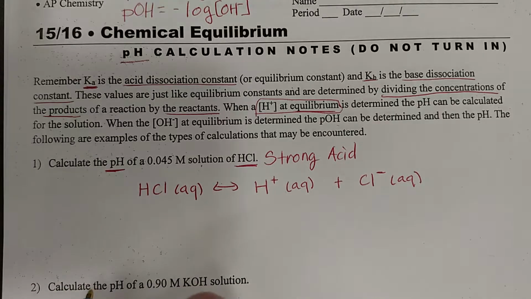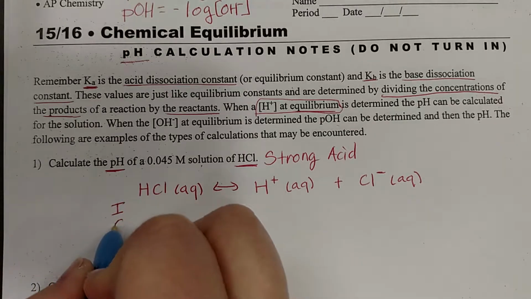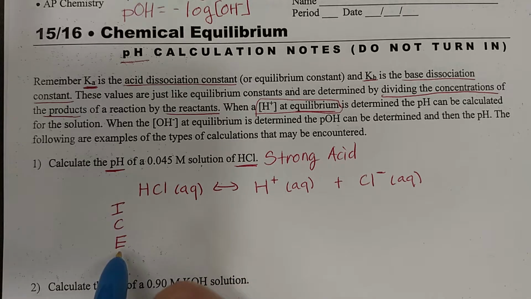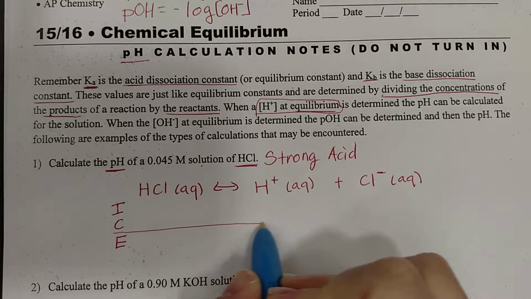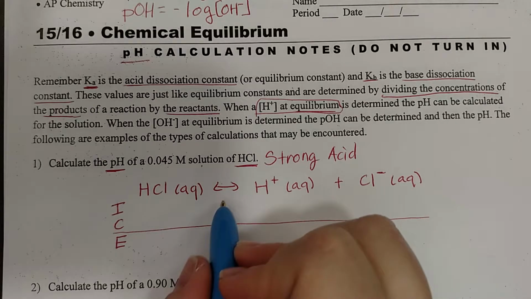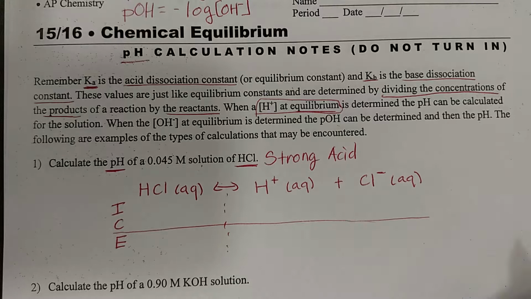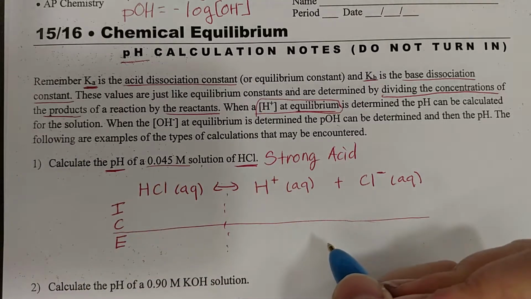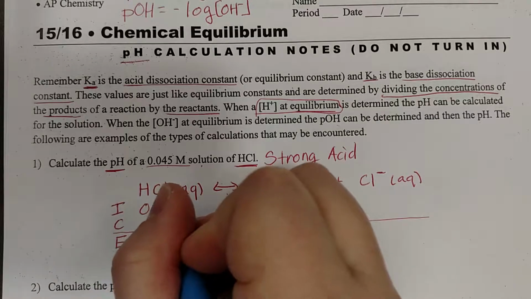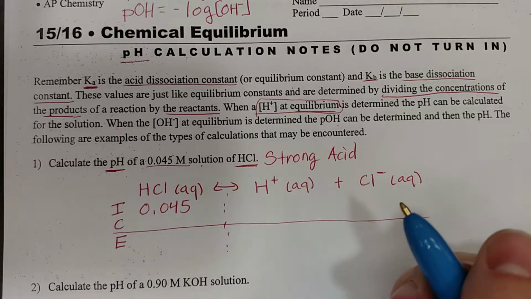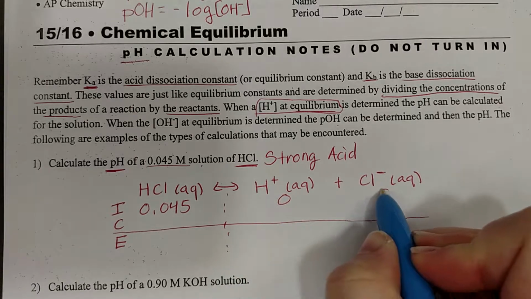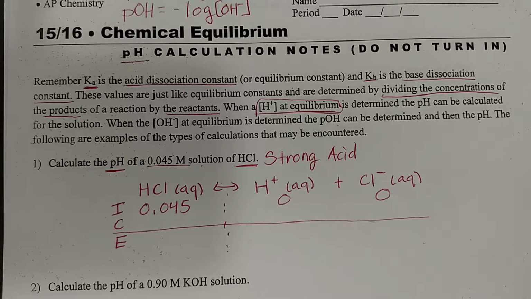So at this point we're going to set up an ice table to figure out our amount of hydrogen at equilibrium. I'm going to show you guys how this works for strong acid or base, and we'll look at a shortcut on the next one for this. So we start with our molarity of our solution, and we have a 0.045 molar solution of HCl initially, and we don't have any hydrogen or chloride ion.